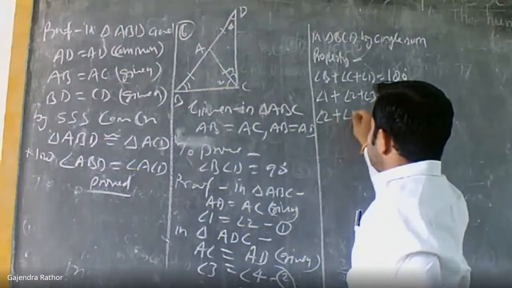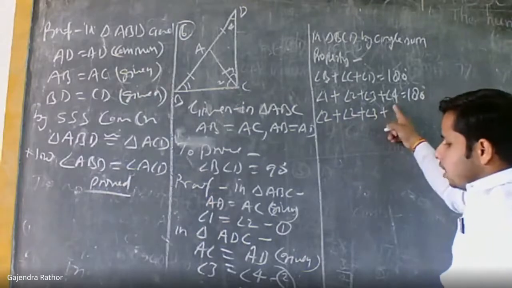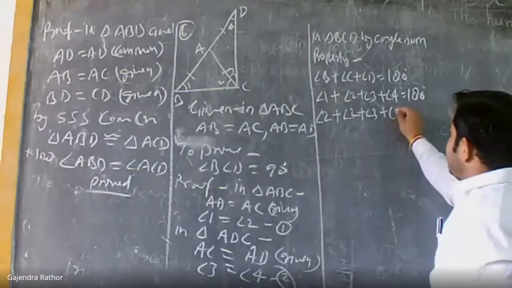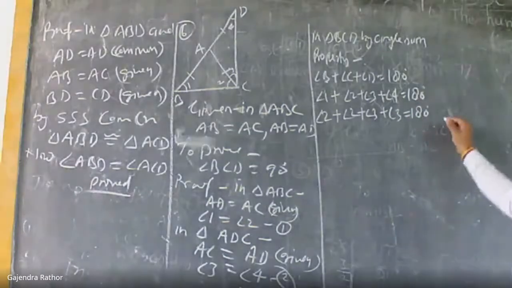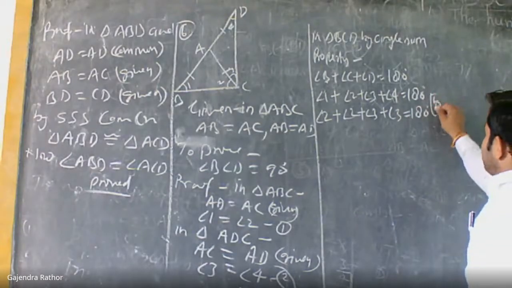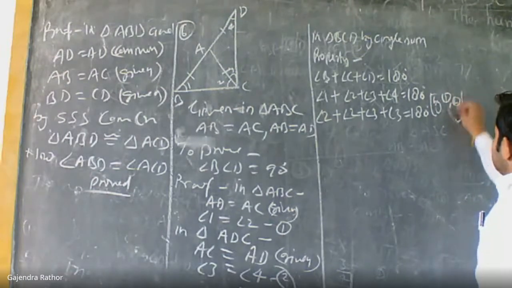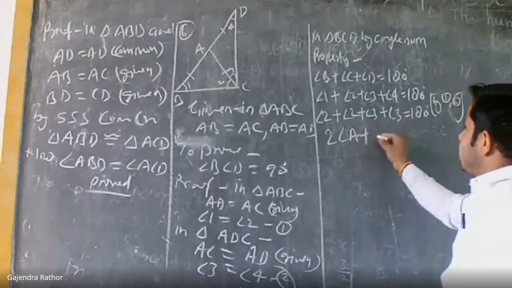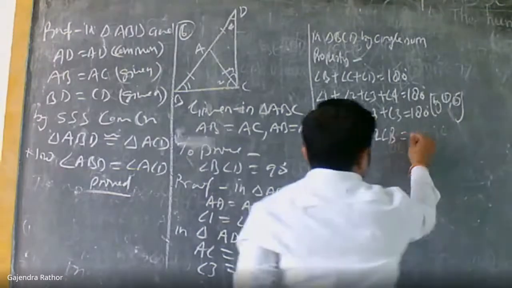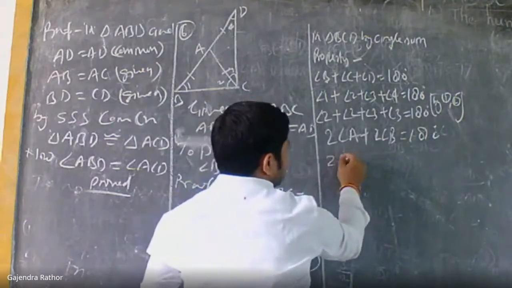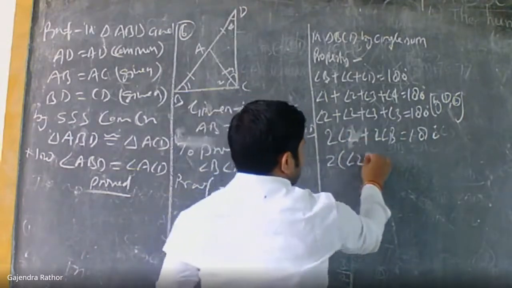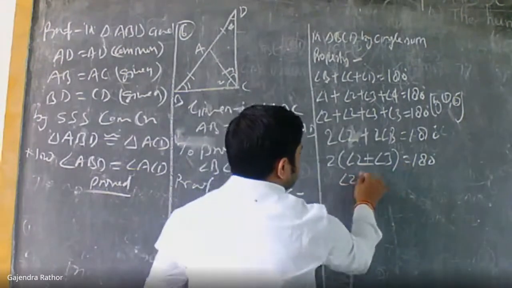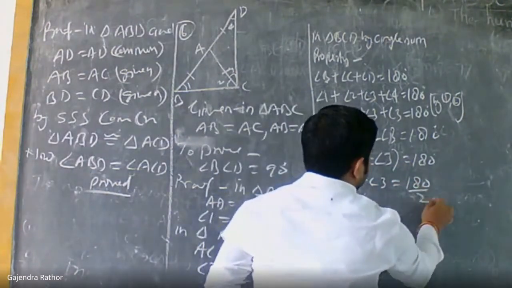Angle 4 is equal to angle 3, so we can replace it using equation number 2. In brackets you write by 1 and 2. Now 2 angle 2 plus 2 angle 3 is equal to 180. 2 is common, so angle 2 plus angle 3 is equal to 180 divided by 2, which is 90.